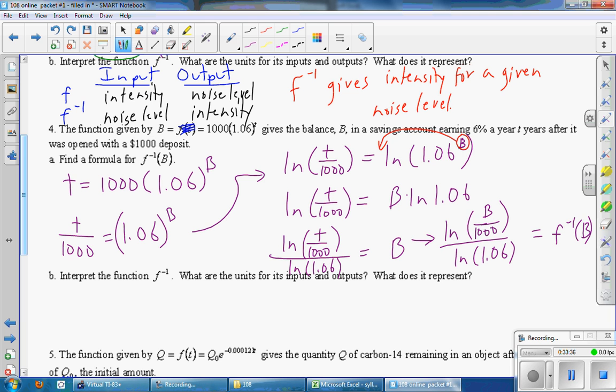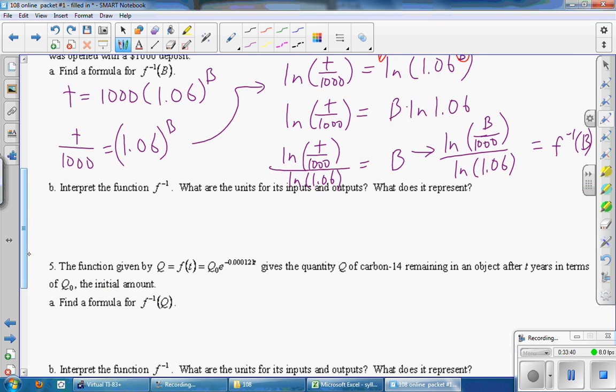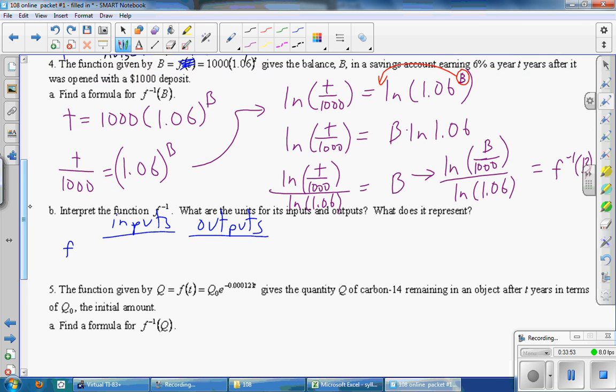And then moving on to part B, we're interpreting, and I'd encourage you to start with units. So let's start with units, and begin with f, and then we'll write it for f inverse. So what does f do? It gives the balance, that's the output, t years after the account was opened.